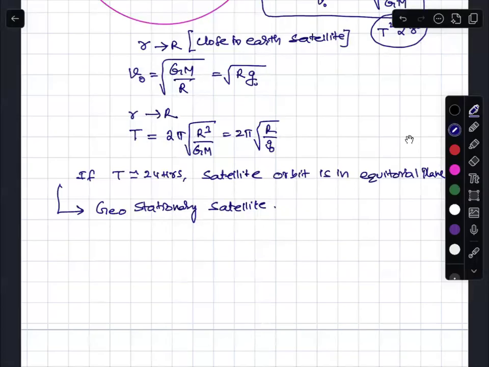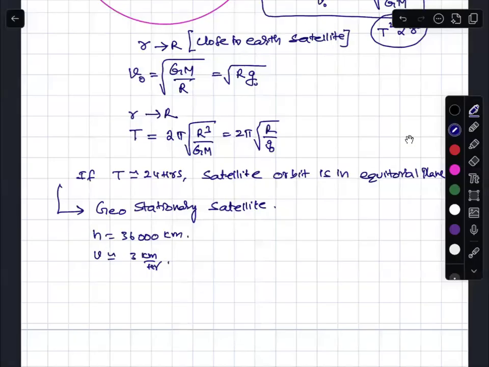Whereas this satellite will be at a height of nearly 36,000 kilometers. So its speed is nearly around 3 kilometer per second. I'm not giving you the exact values.